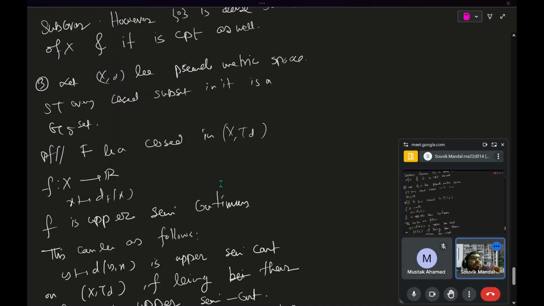Suppose X is a pseudometric space. What do we need to show? Every closed set is a G delta set.